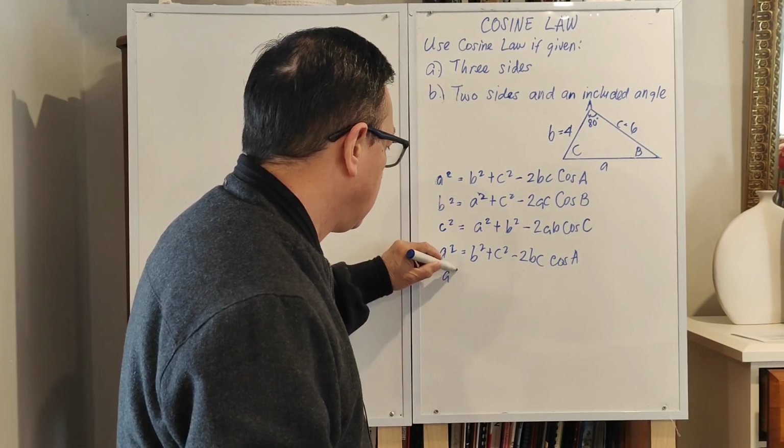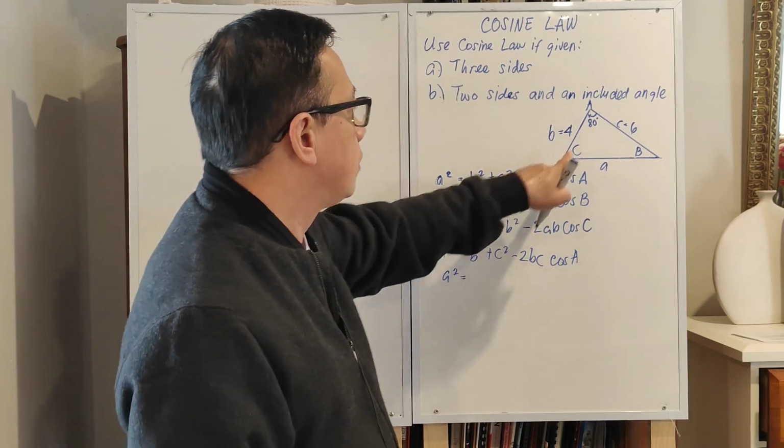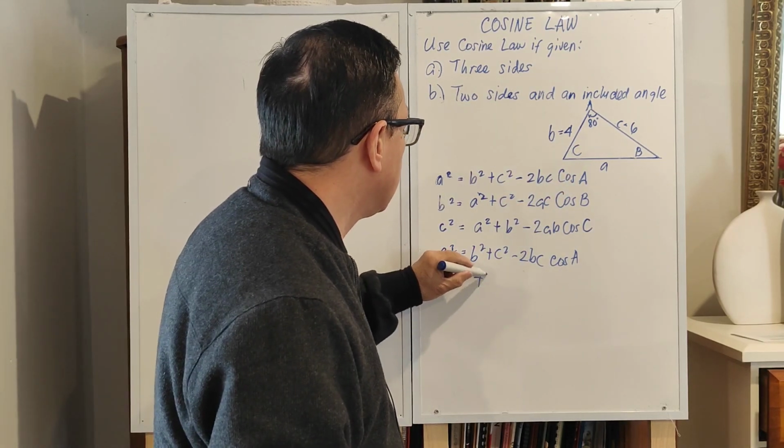A squared, we don't know yet. B squared will be 4 squared.